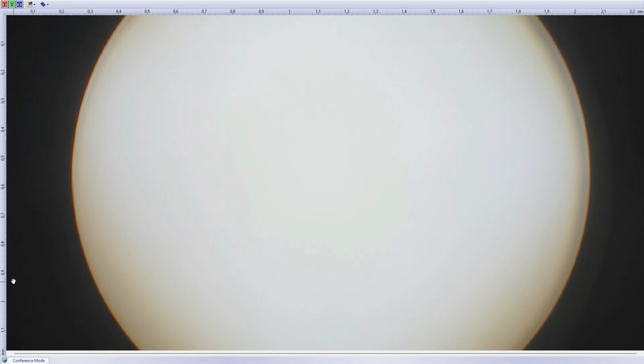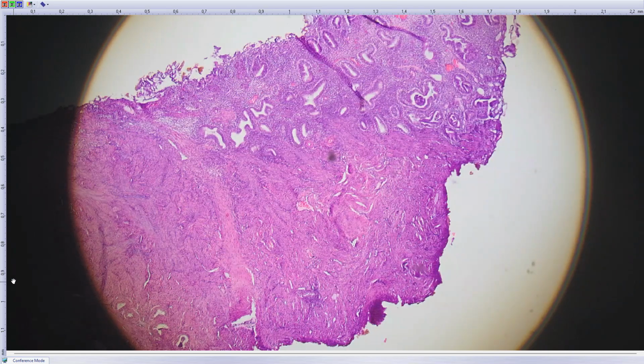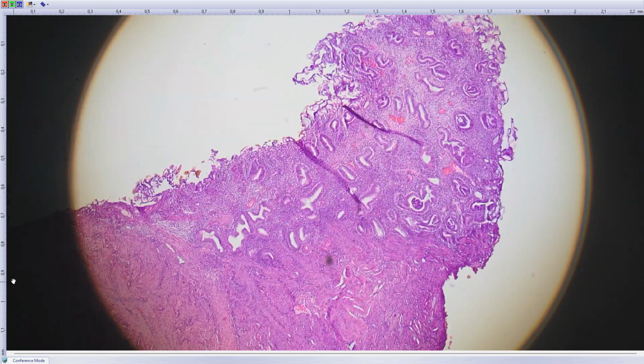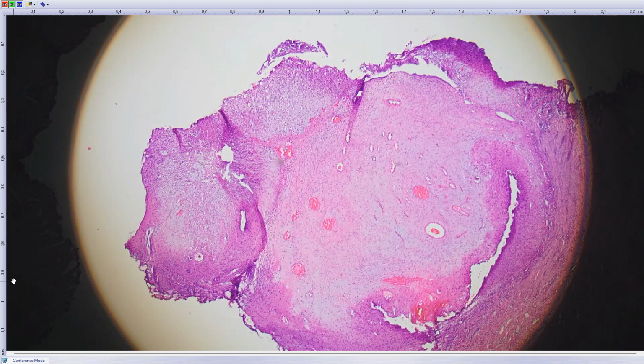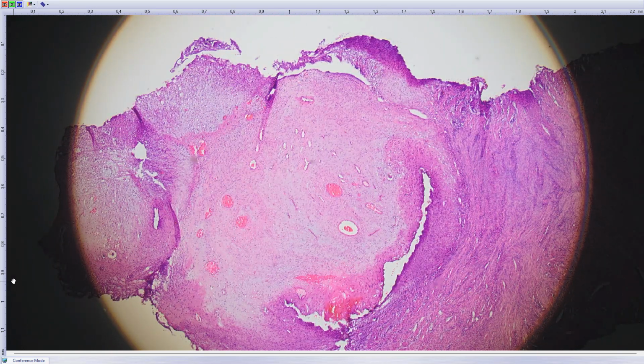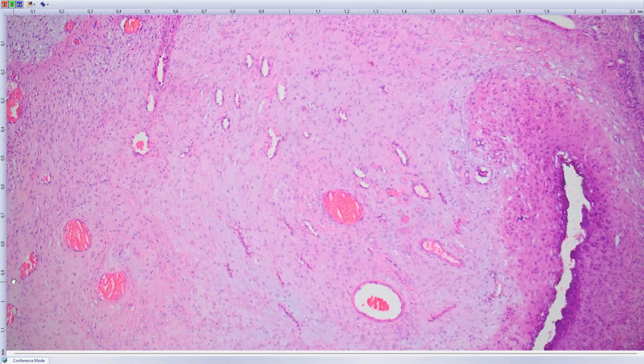And about 1 month ago, I received another material from the girl, and this was from the posterior uterine wall. So here is some endometrium, myometrium, and then you have this little piece, which is diagnostically even harder, but you can see it looks identical to the cervical lesion.